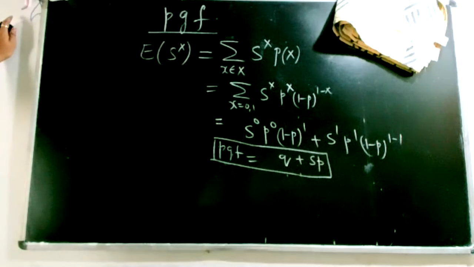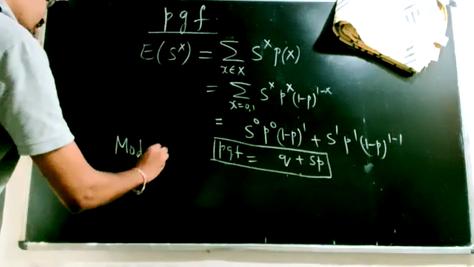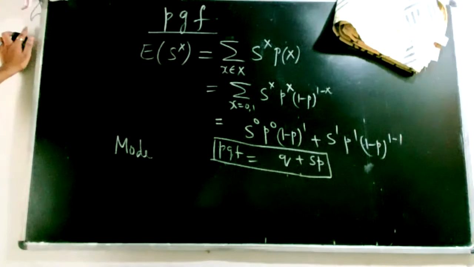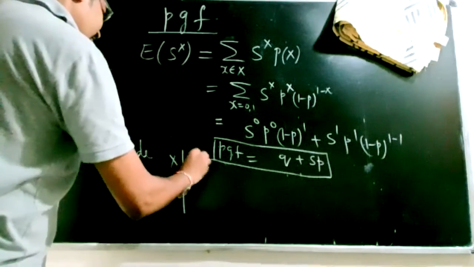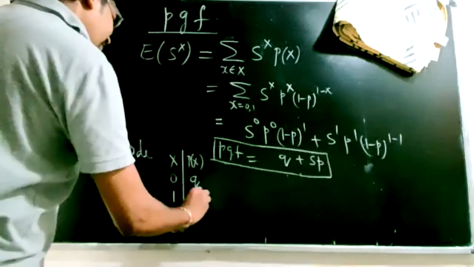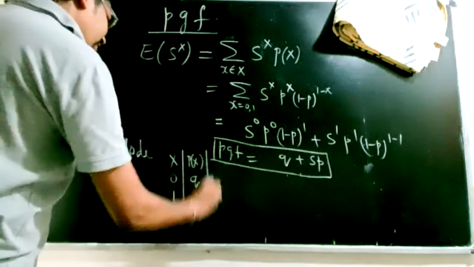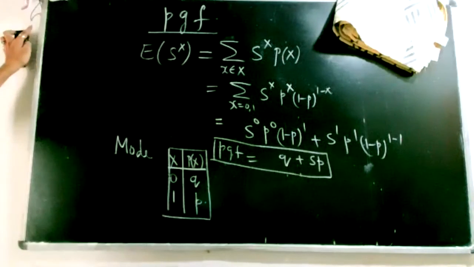We'll look into this. Now talking about mode, how do we define mode? Mode is the most repeated value of a distribution, or when it comes to a probability distribution, it is the value which has the maximum probability. There are only two values here, 0 and 1 for x, and two probabilities q and p.